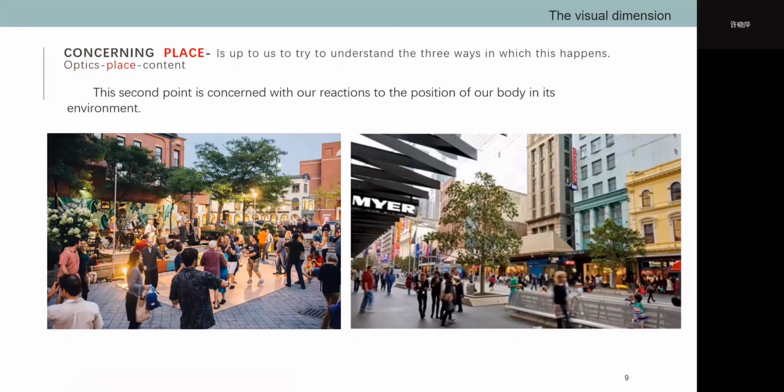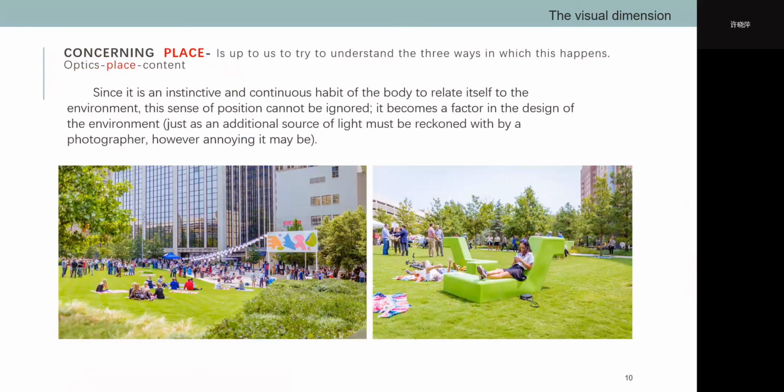Concerning place. The second point is concerned with our reactions to the position of our body in its environment. Since it is an instinctive and continuous habit of the body to relate itself to the environment, these things of position cannot be ignored.